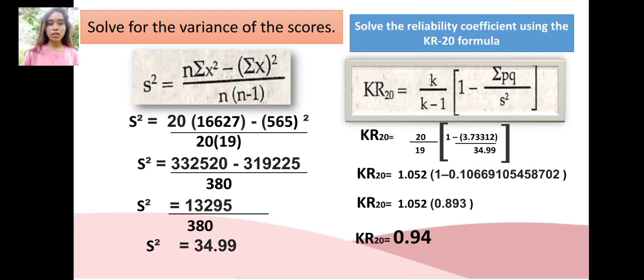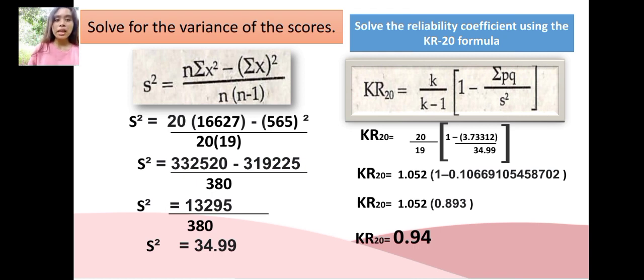Then copy the negative sign. So let's compute the summation of x squared: 565 times 565 is 319225, and then over 20 times 19, we have 380. And then we have to divide: 13295 divided by 380, we have 34.99. So that is our variance now. Are you following? Okay, thank you.